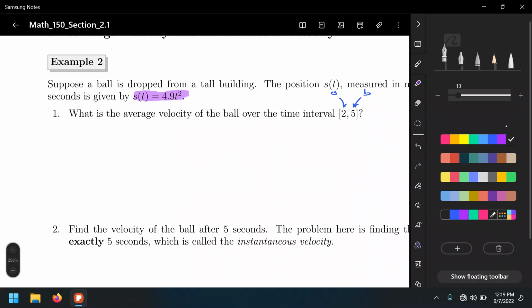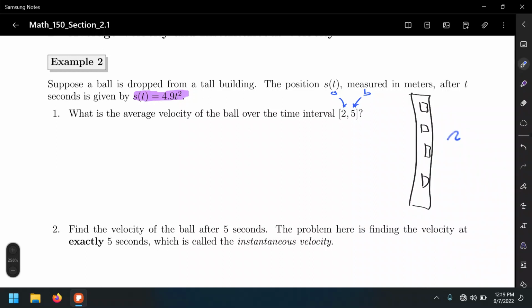And then the ball is dropped down. And we want to find out what's the average velocity between t equals 2 and t equals 5.